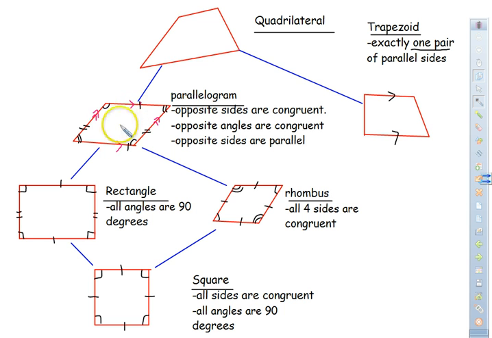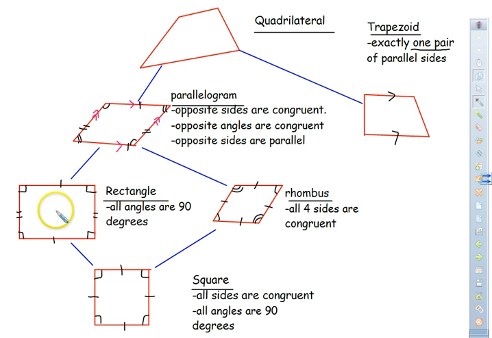Now when we slide down to this rectangle, this is also a parallelogram. It meets all of the characteristics that it has stated here. So when we look at this rectangle and we ask ourselves the question, is this a parallelogram? Look at the definition. Does it have opposite sides that are congruent? Yes, it does.